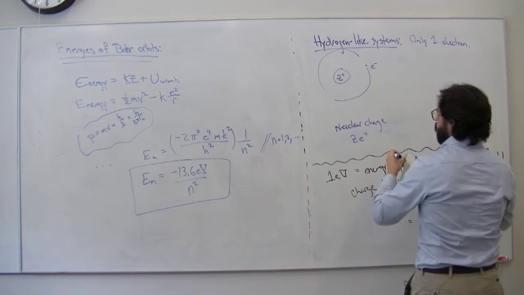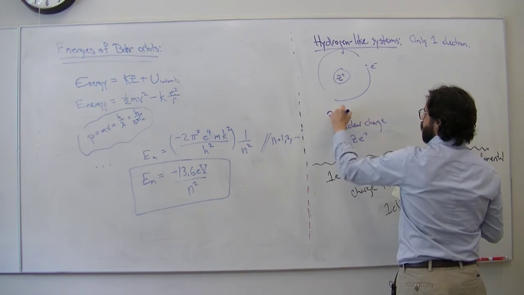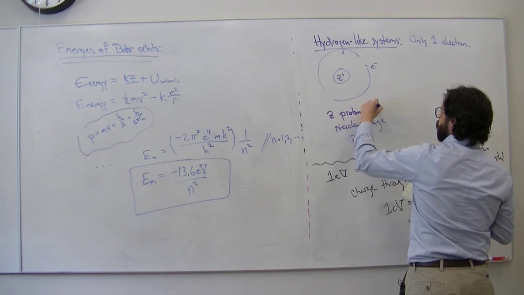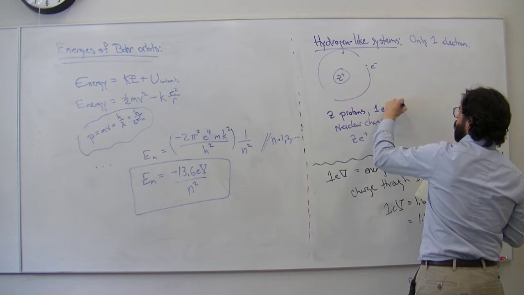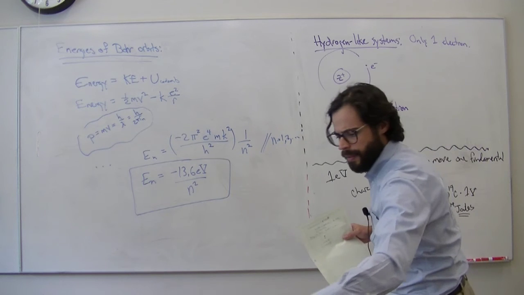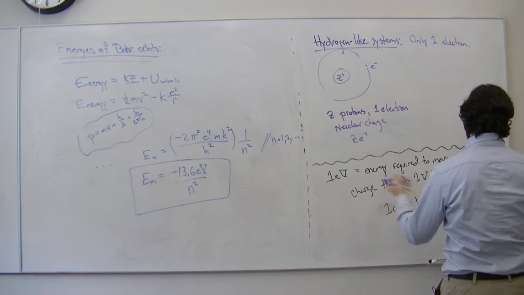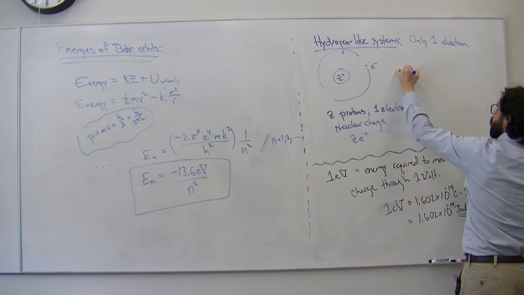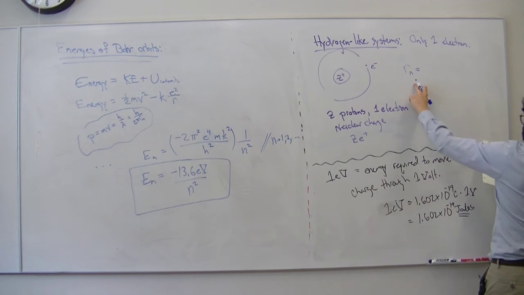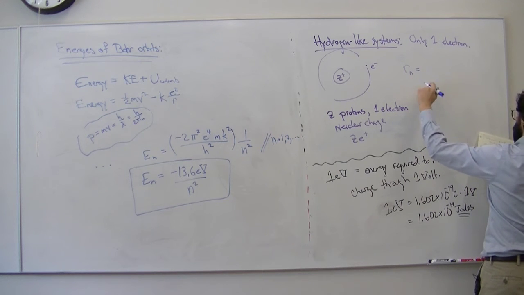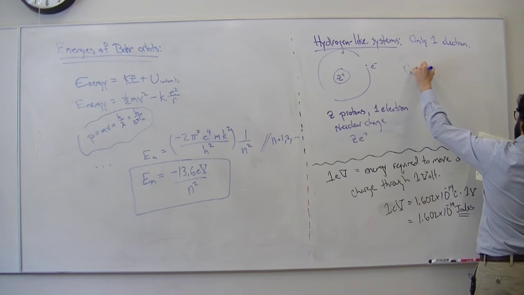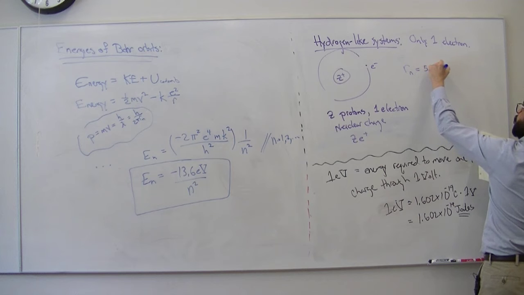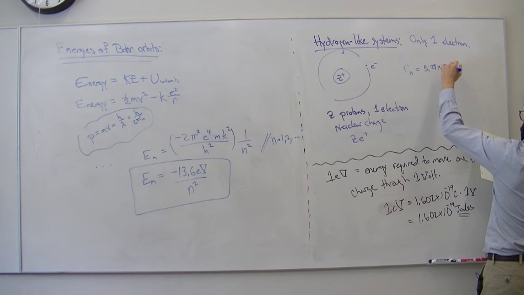So this would be Z protons, 1 electron. And the relevant formulas would really just have a Z show up. So the hydrogen-like system Bohr radii would be 5.29 times 10 to the minus 11.